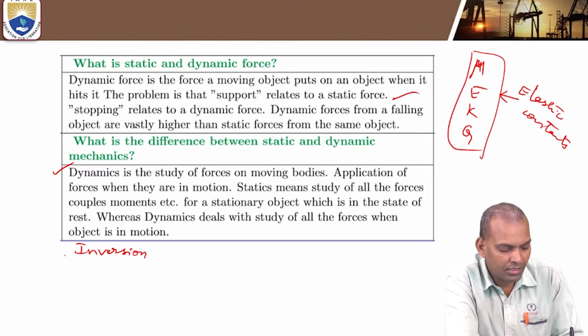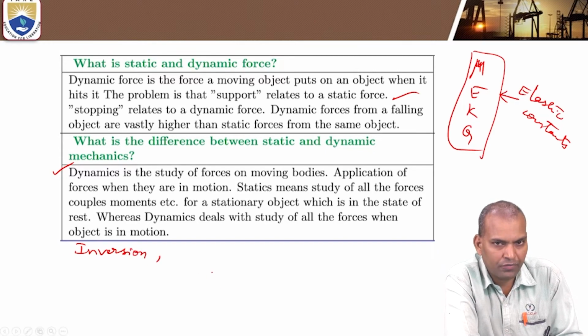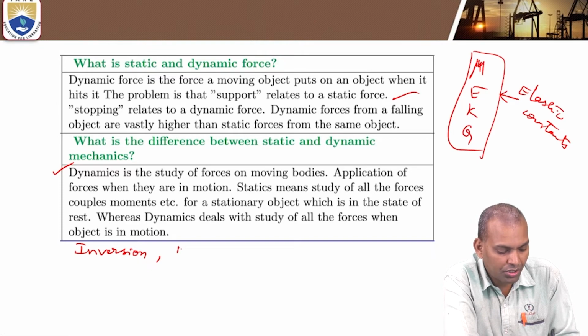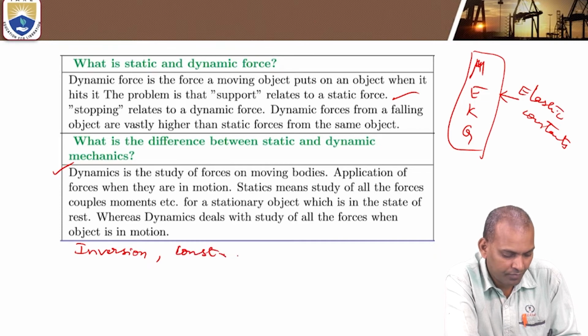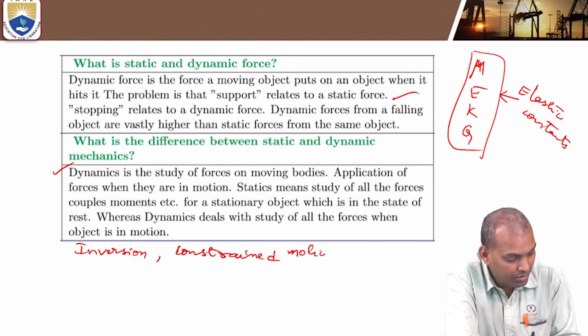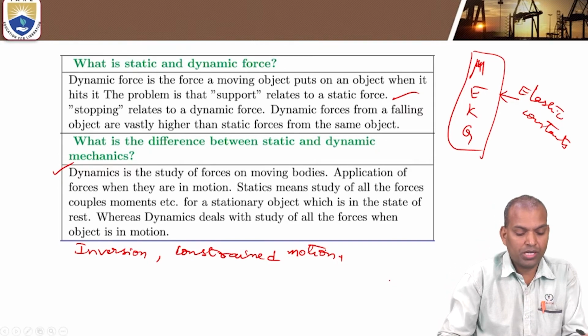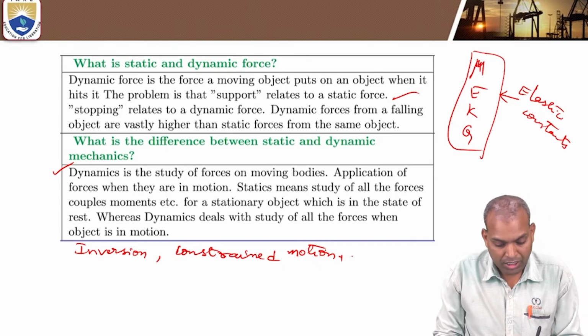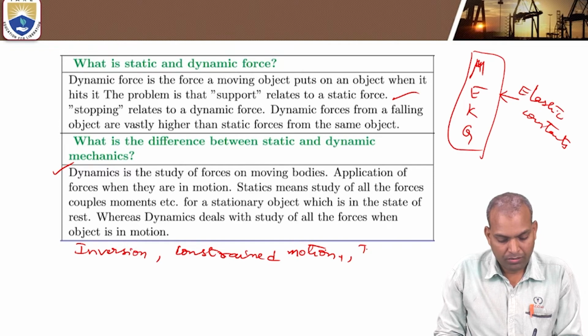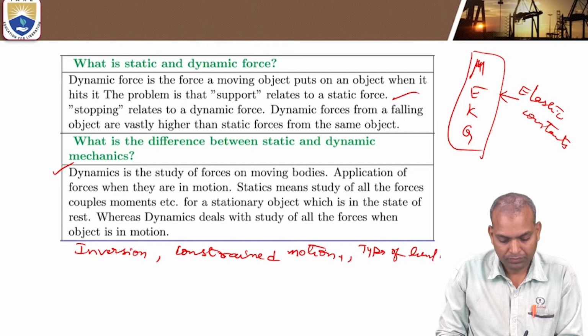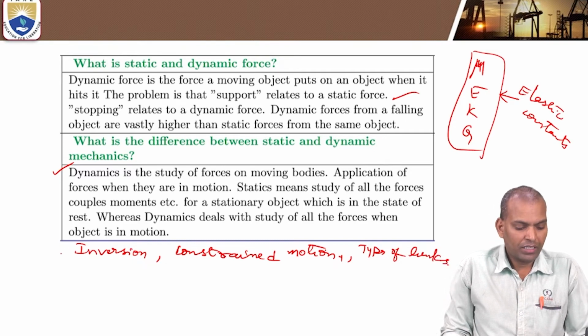We consider next some more definitions: inversion, then types of links or constrained motions, or types of constrained motion, and types of links. What is inversion?